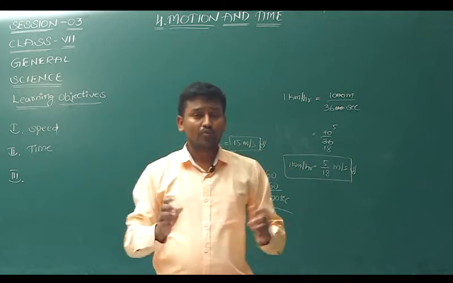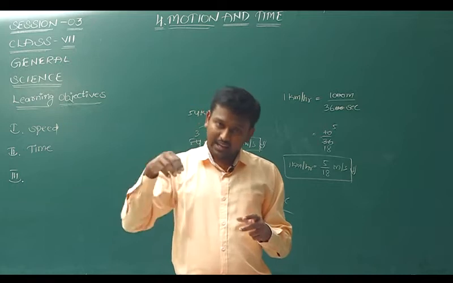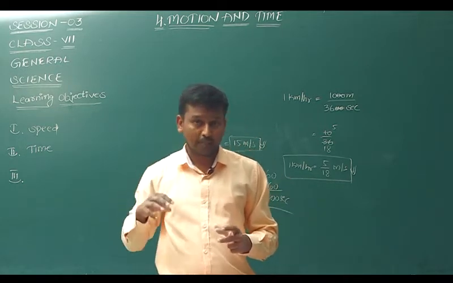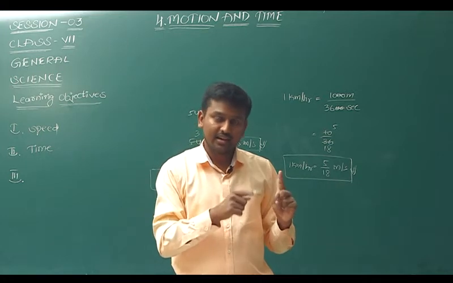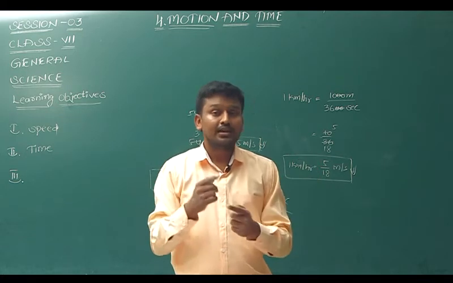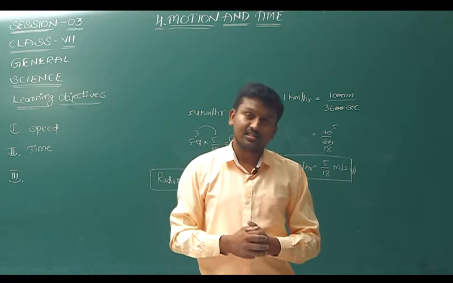Okay. So, now we have seen how to measure the time and what devices are used. These days we use digital devices to measure the time, but in our olden days, as I said, they followed some conventional methods, and they even used the sand clock and water clock to measure time.